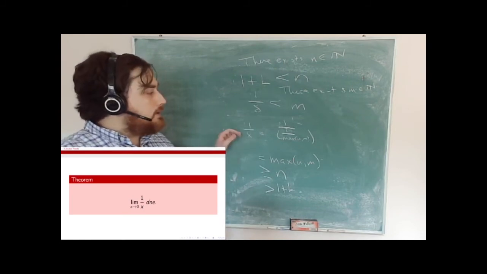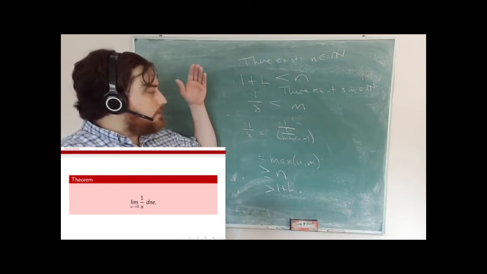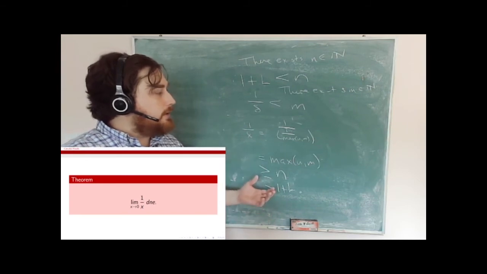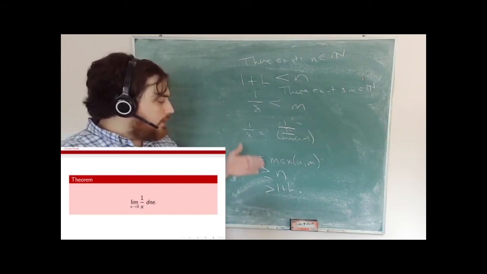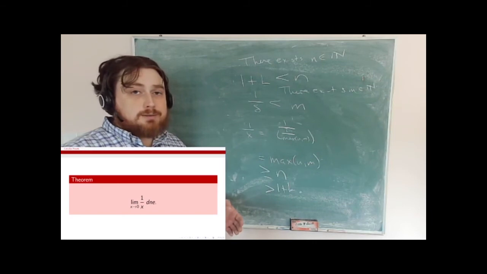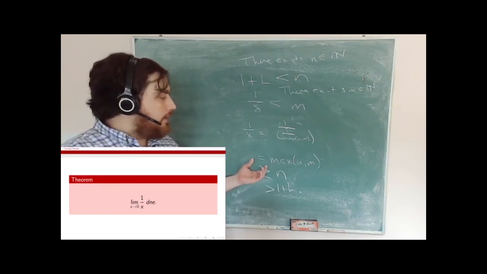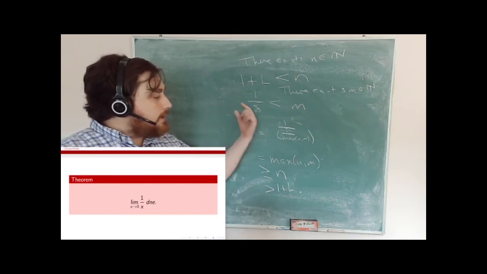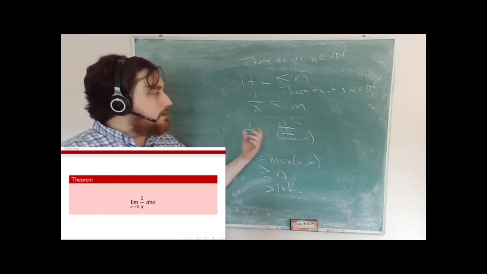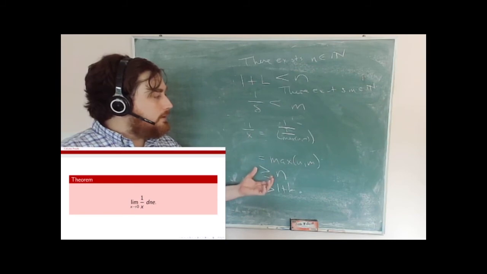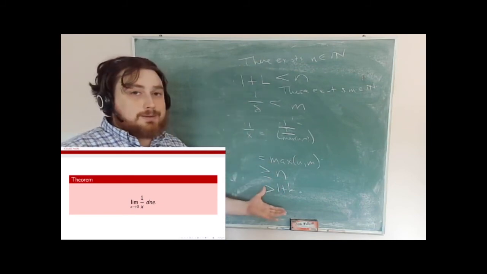We found an x where x was smaller than delta in absolute value, but 1 over x was bigger than 1 plus L. Therefore, we got a contradiction to the fact that 1 over x minus L is less than 1 for all x within delta of 0. So we have found a contradiction.